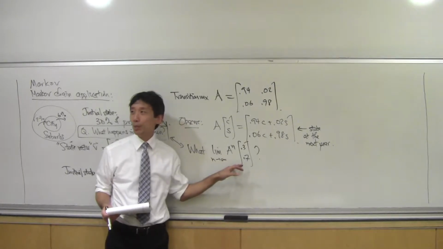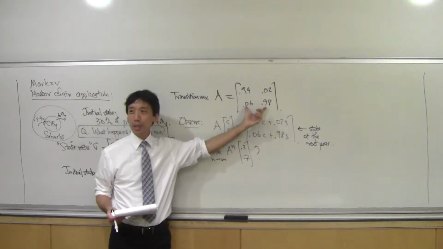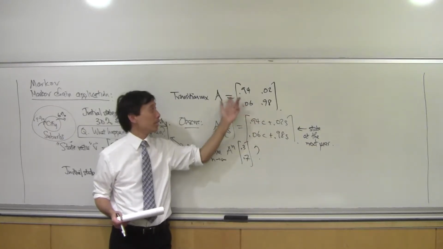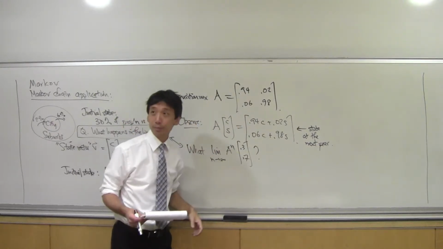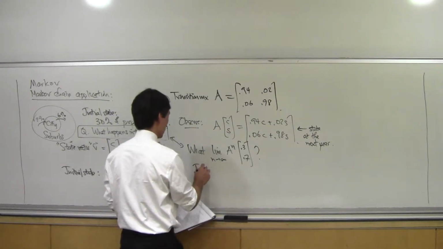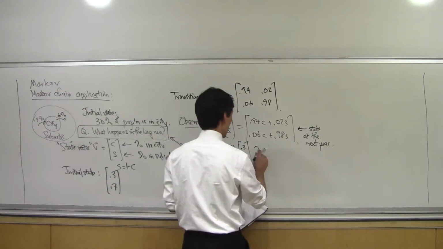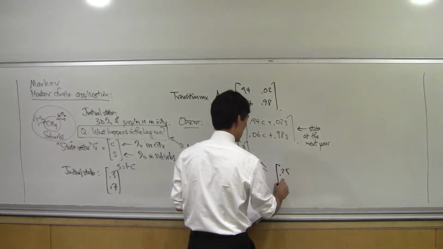In order to solve this problem, you have to take this matrix and multiply it by itself n times, and then let n go to infinity. It's not so obvious what happens if you multiply this matrix by itself over and over and over. It turns out that this limit equals 0.25, 0.75.